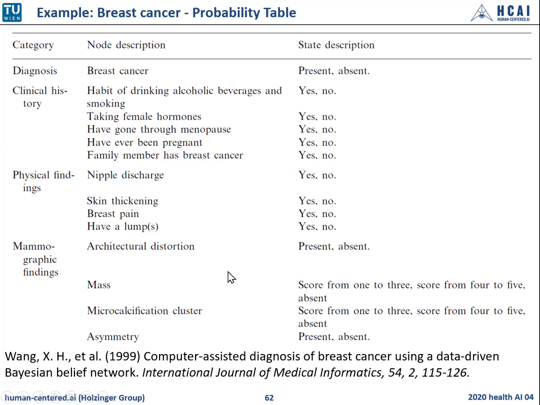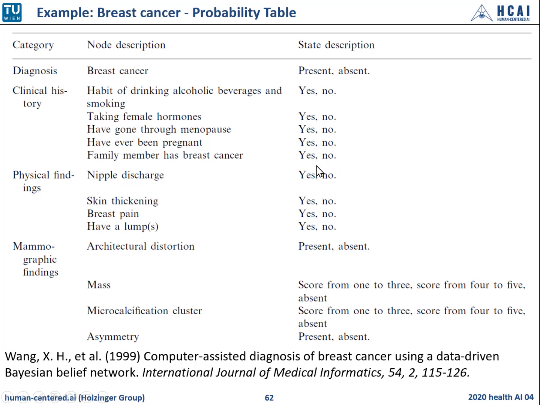So back to our breast cancer example, this is the probability table now. We have local probability models. They specify how the variables depend on their parents. And in this case, they use discrete valued Bayesian networks, which means that the local probability models can be represented with a conditional probability table, CPT.